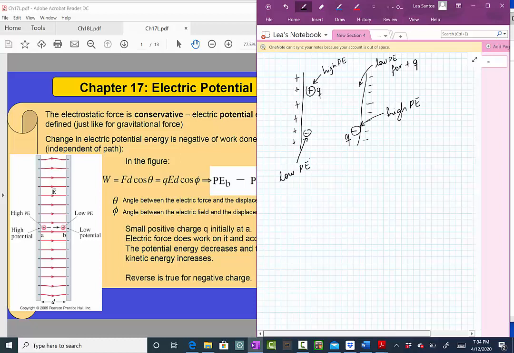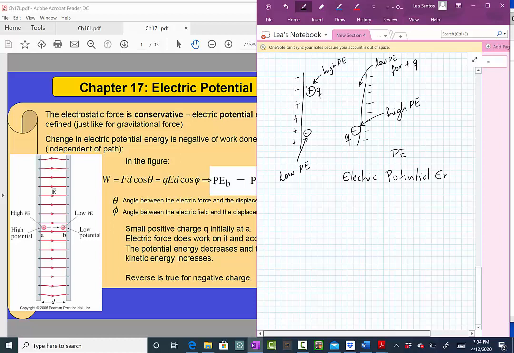What we are going to do now is introduce a new concept which is called potential. Up to now we talked about electric potential energy.